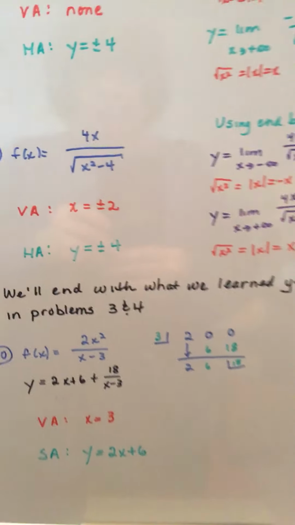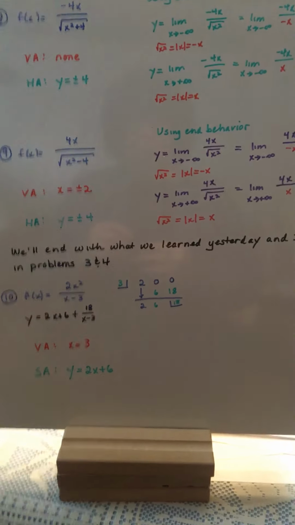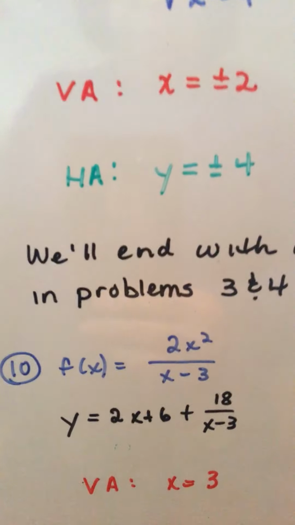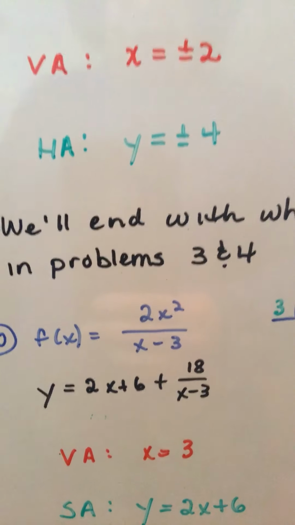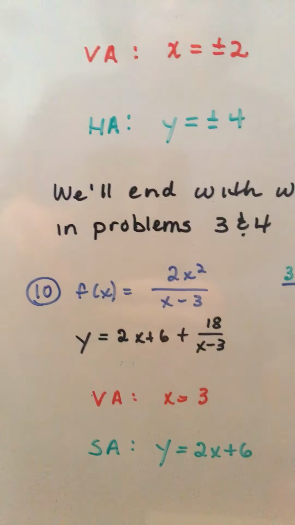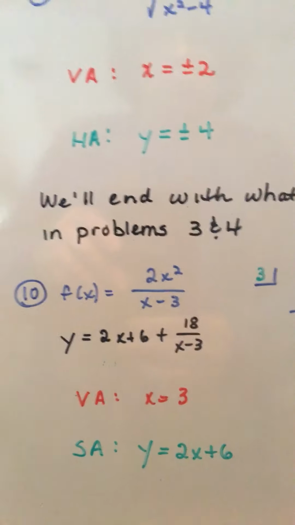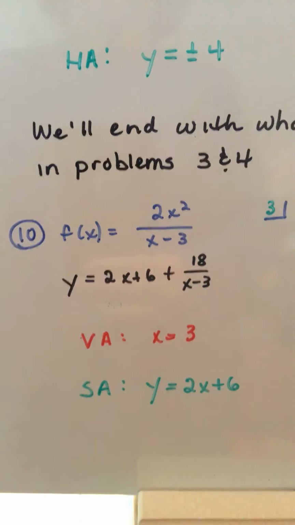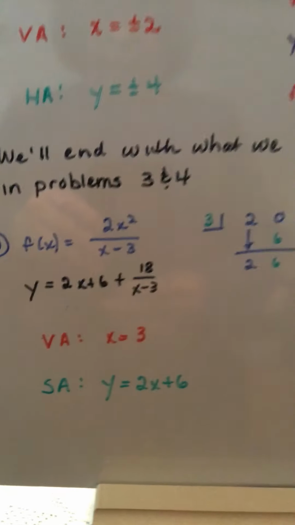Okay, we're going to end with problems that you learned earlier on the asymptote sheet. And so what happens when the degree of the numerator is greater? And we want to know the slant asymptote. Notice it's 1 greater. We do our synthetic division. I rewrite it.